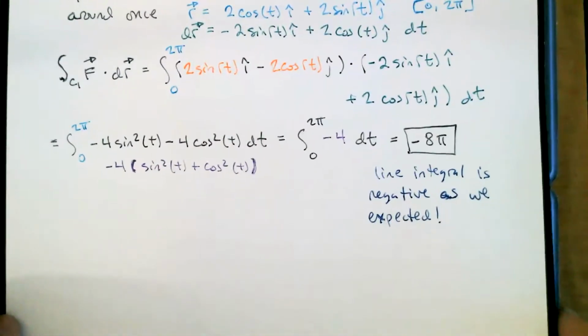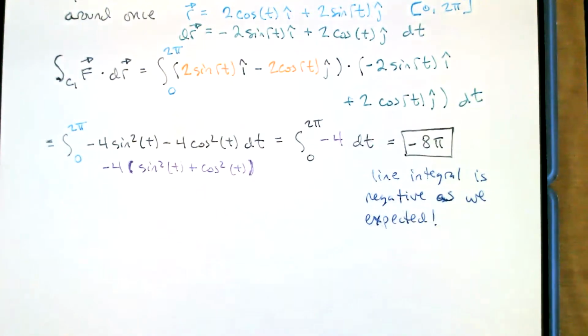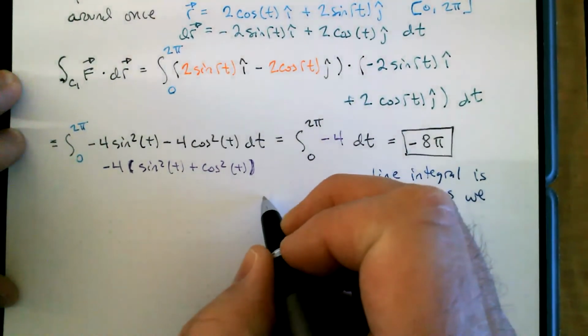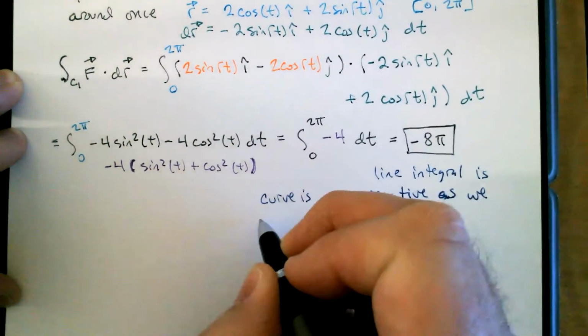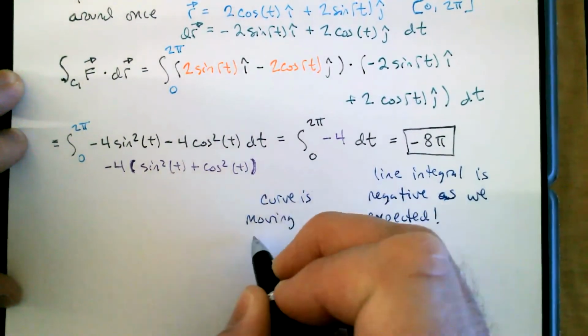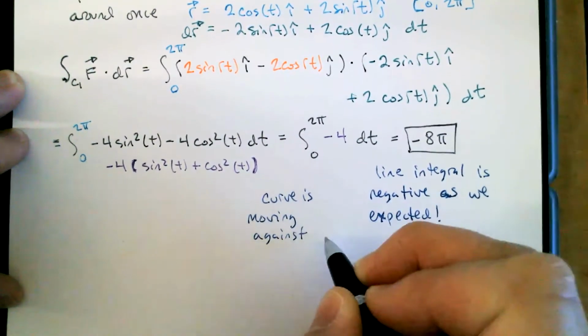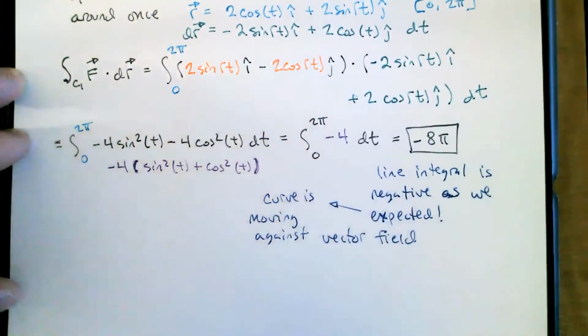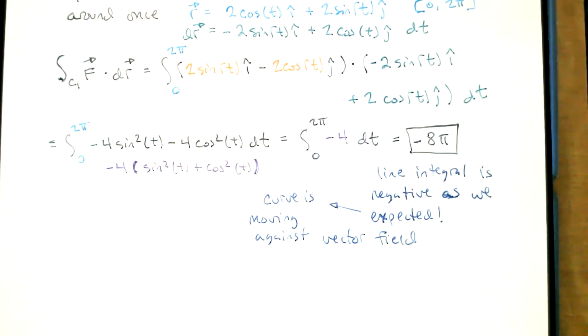The line integral is negative, just like we expected, because the curve is pushing against the vector field. Question?